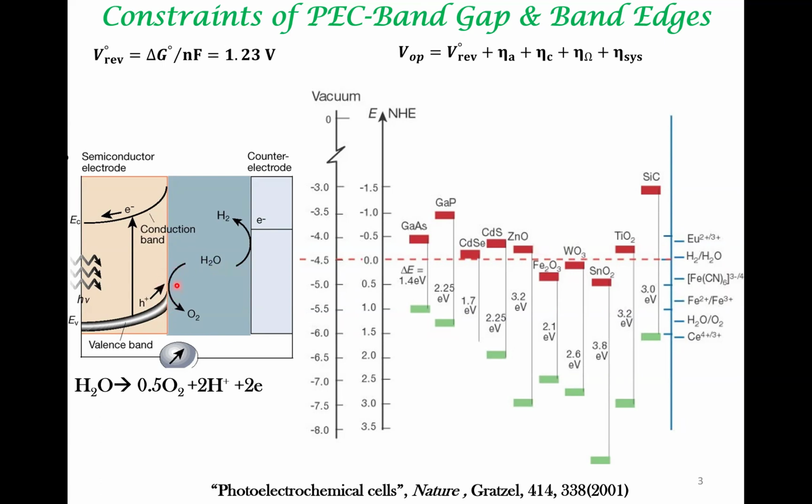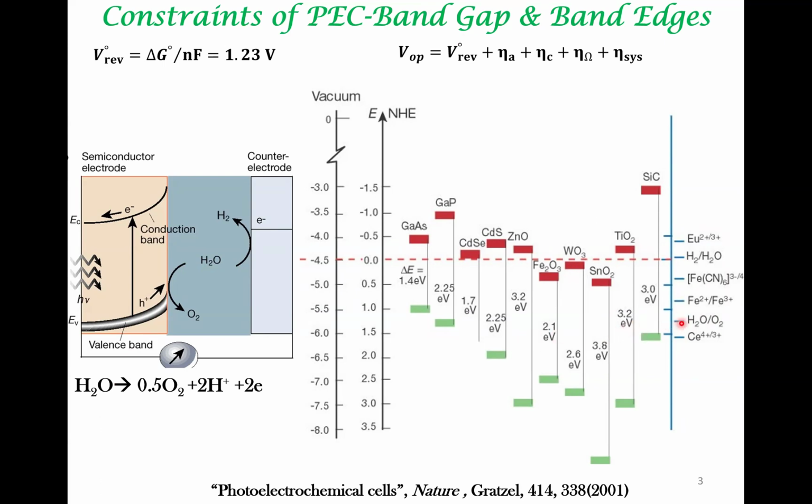So the electron has to be transferred from water to the valence band edge. If you look at the redox level of this system, that is H2O/O2, it is somewhere here. So this energy level should be above the energy level of the valence band edge, right?